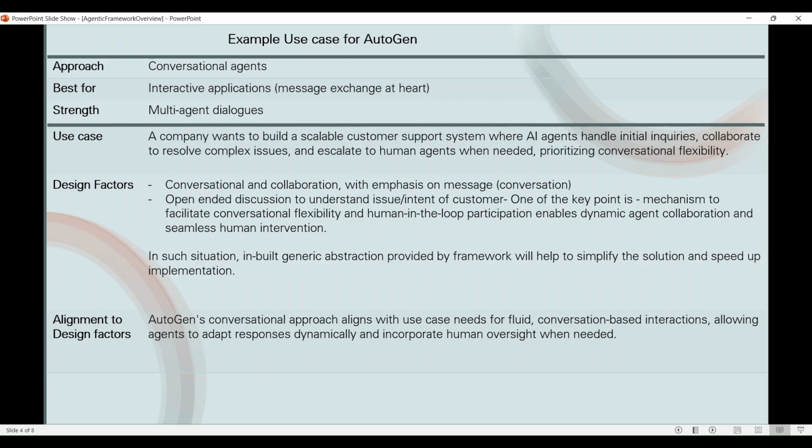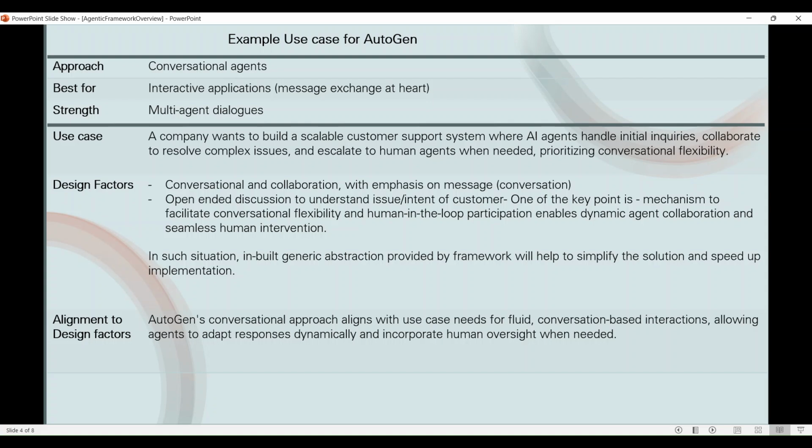So to me it looks like in such a situation, the inbuilt generic abstraction provided by AutoGen, which is also message oriented, lets you easily build autonomous agents. Here I'm using the term autonomous because when the agents are communicating with the customer, based on the context, they should be able to adapt to how to reach the final goal.